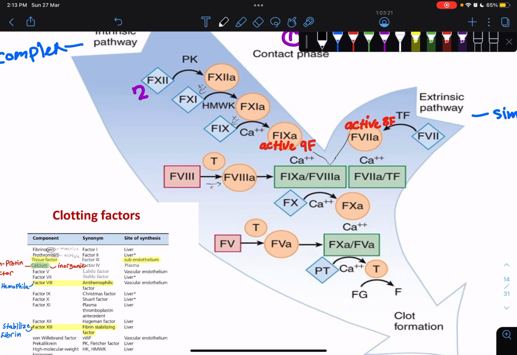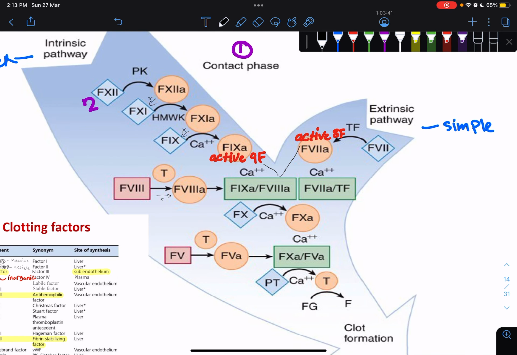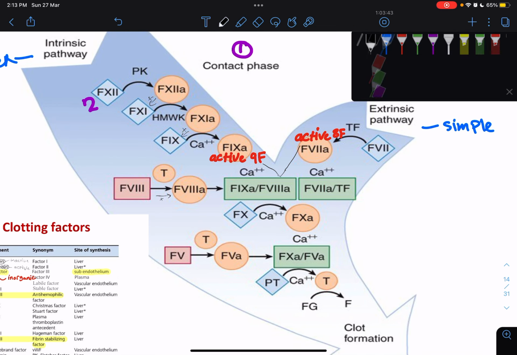Normally, this pathway is not needed. Which pathway is needed? This one, the extrinsic pathway. This pathway is long. This pathway is short. Which pathway will take longer time to start and longer time to finish? Definitely this pathway will take longer time, and this pathway is shorter. Now after that, from this point, the remaining steps are the common pathway.